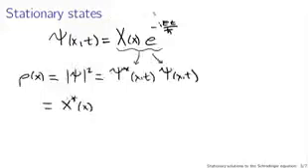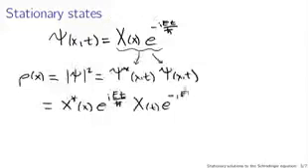The only part that's complex about this is the i here in the exponent, so we need to flip the sign on that. And we'll have e to the positive i E t over h bar. That's for the complex conjugate of psi. And for the psi itself, well, X of x e to the minus i E t over h bar.